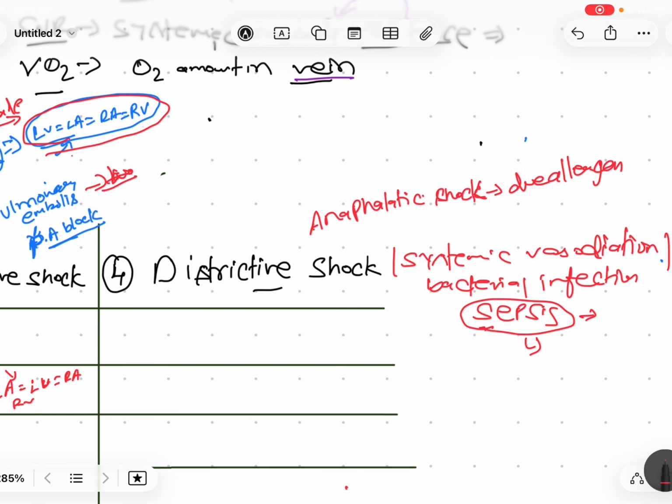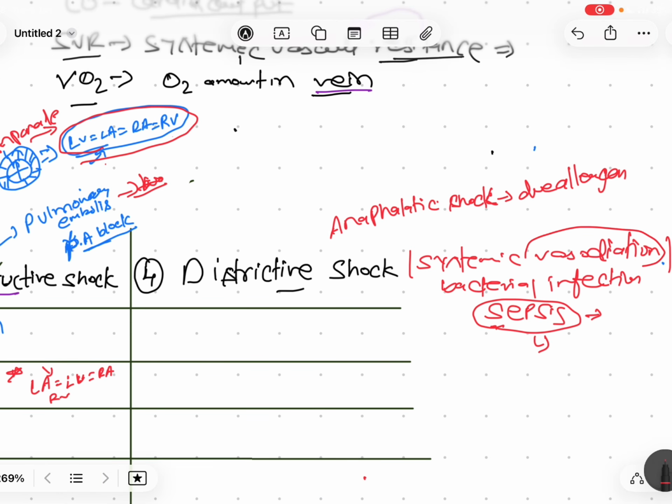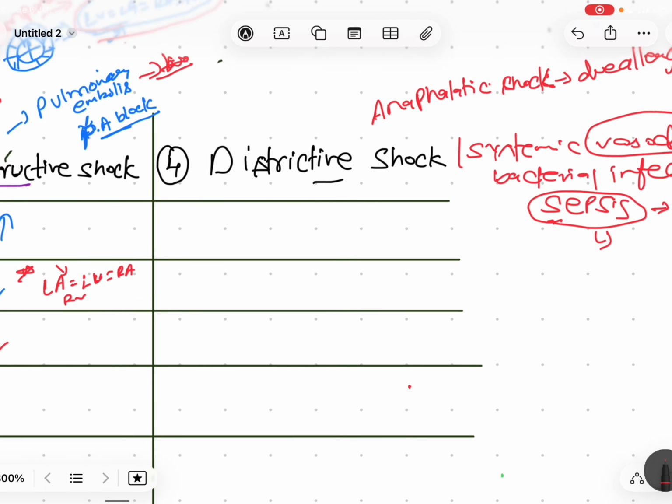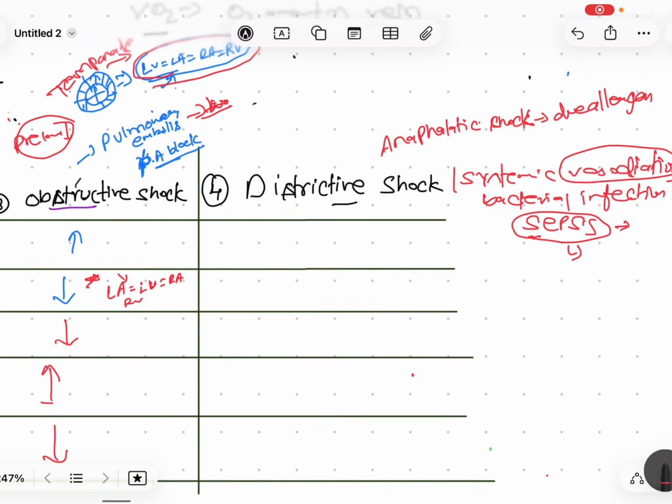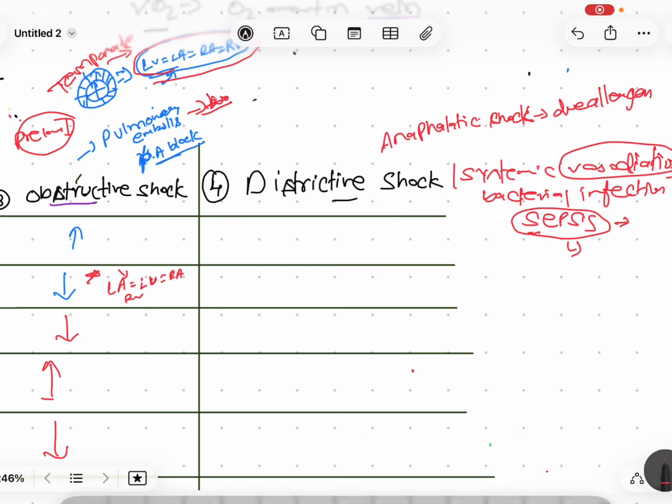So here what happened basically? Vasodilation. The vessel gets dilated. The vessel area is increased. So here the central venous pressure is reduced because the area increases, but blood velocity is not enough to reach all over the body.